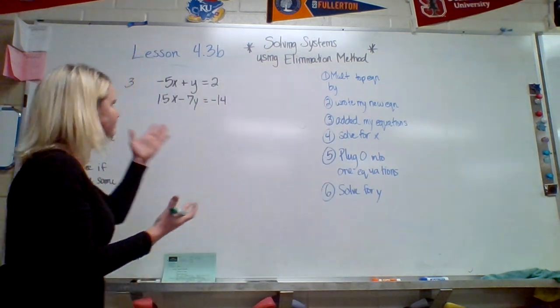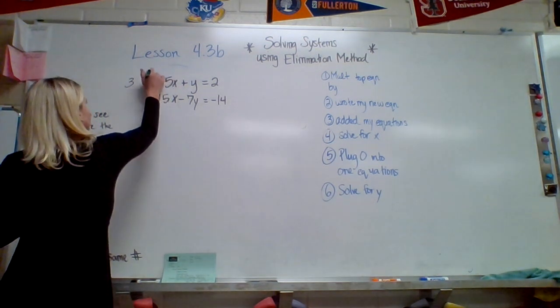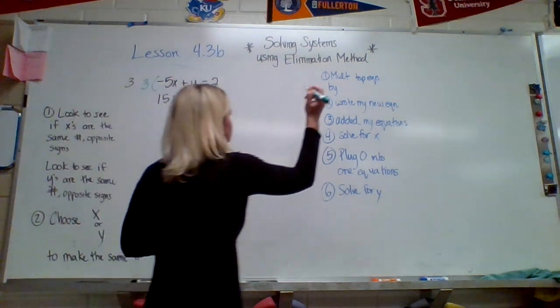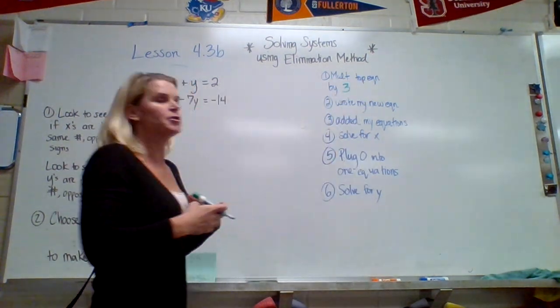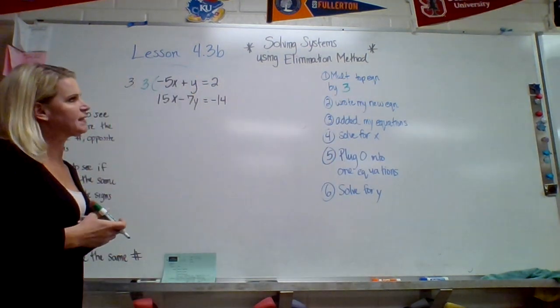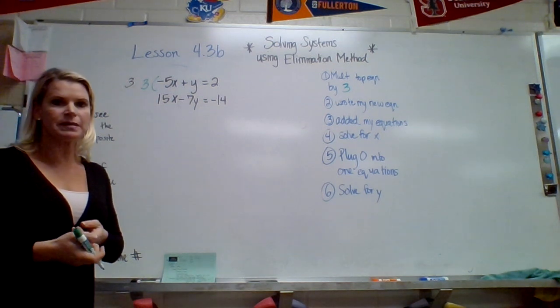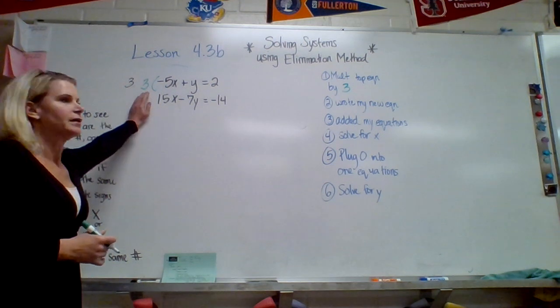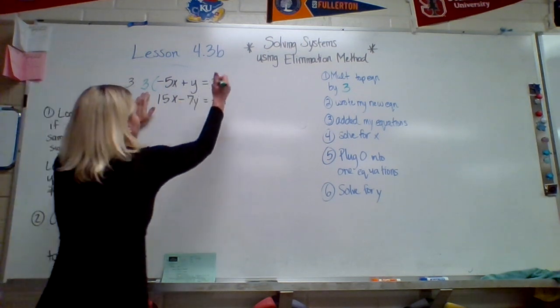So let's multiply the top equation by 3. So that's what I'm going to put for my steps. I'm using the same steps that I did for the last problem because the methods are the same. All right, the whole equation needs to be multiplied by 3.